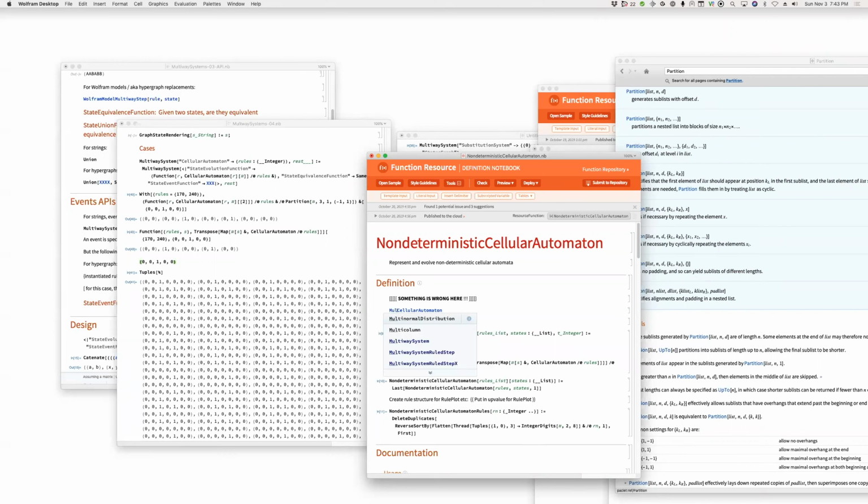Well, I think let's call it multi-way cellular automaton for now.